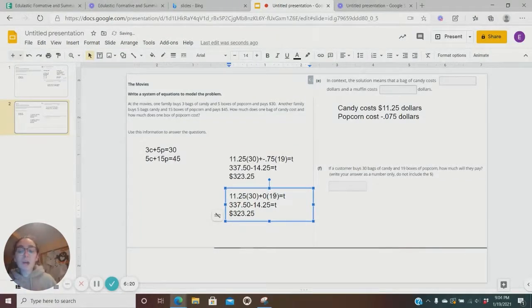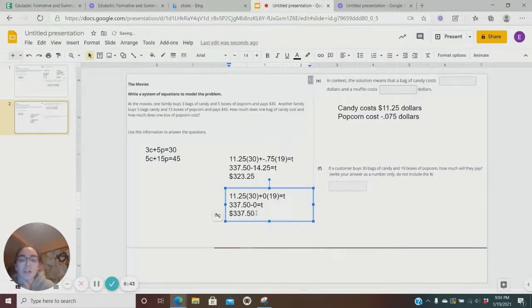We could say $0 times the 19 boxes of popcorn that we buy, because maybe they're giving it away that day because it is a promotion. And then it would be $337.50 minus $0, which gets us a total amount of money of $337.50.